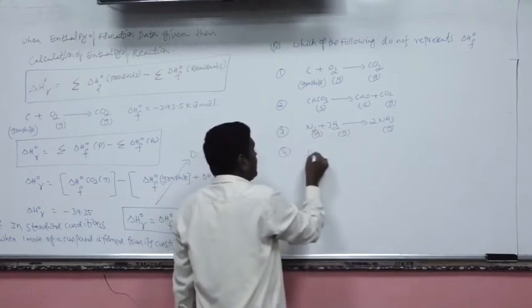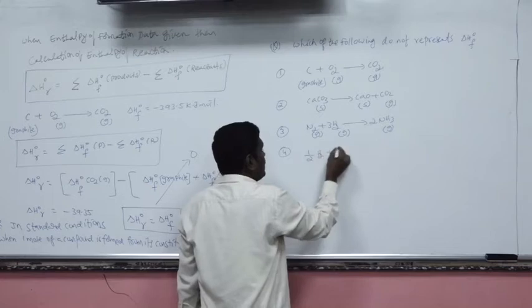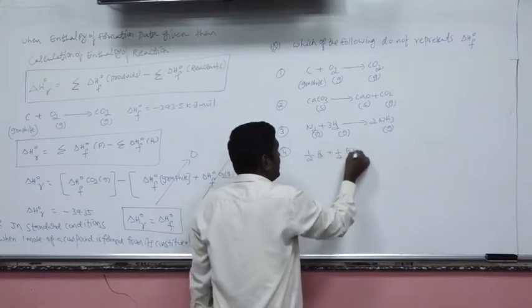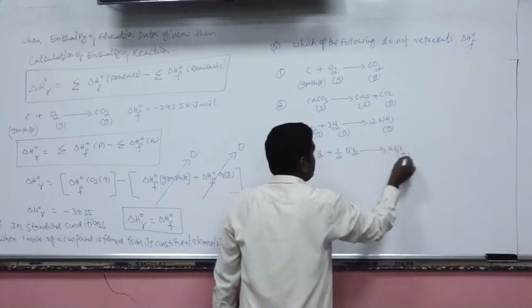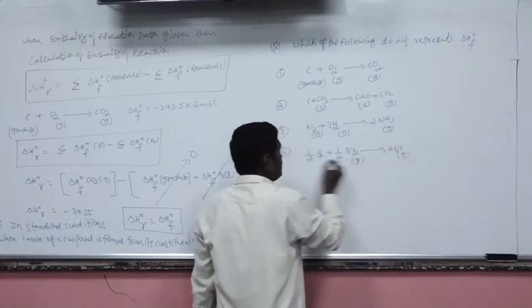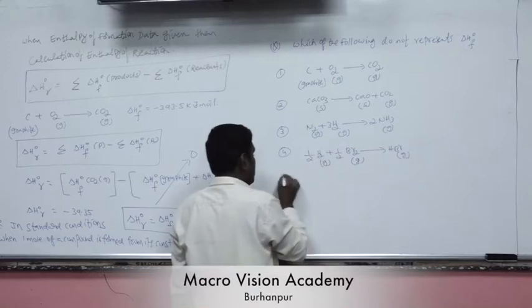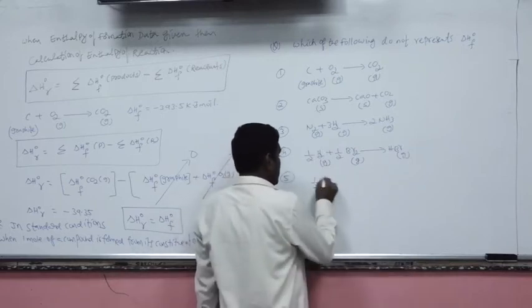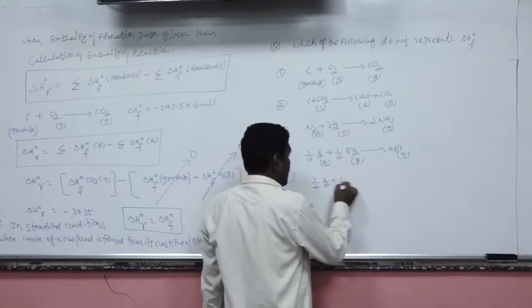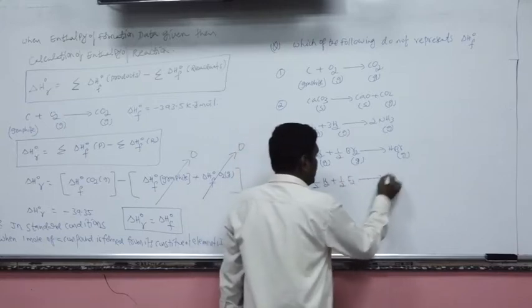Next, half H2, half Br2, HBr. Next, half H2, half F2, HF.